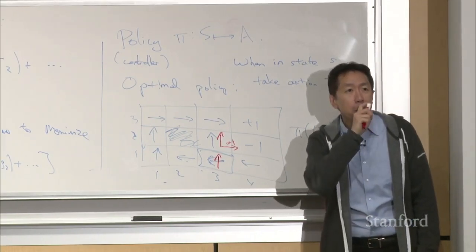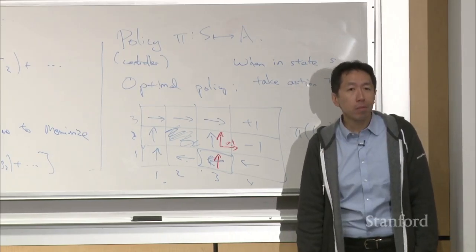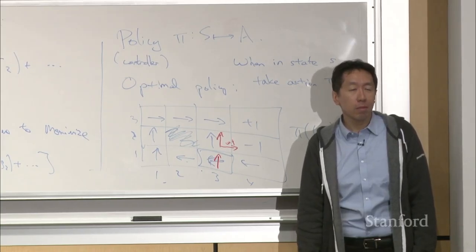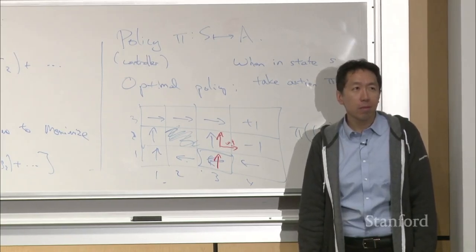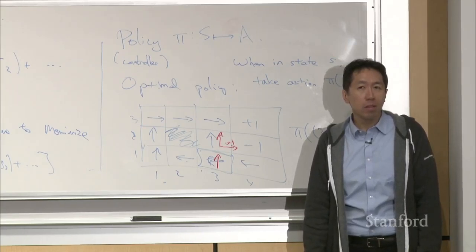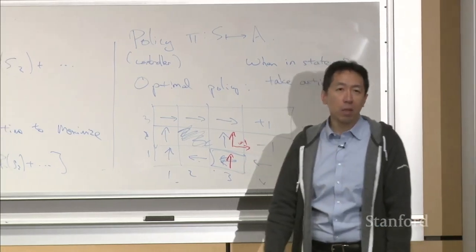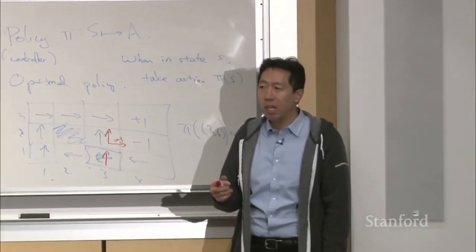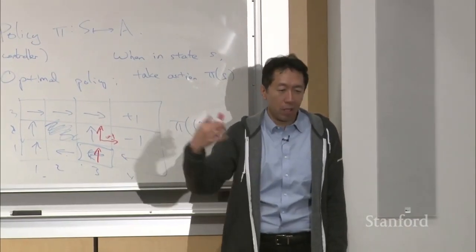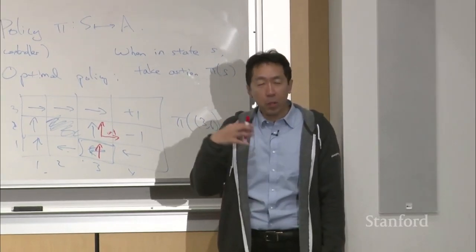Go ahead. If you're playing a chess game and the opponent places something, do you update your policy function by changing the probability of taking the next step, or do you change the reward function that you assign to each of the different states? Well, to refine the description of chess, the state is your board.